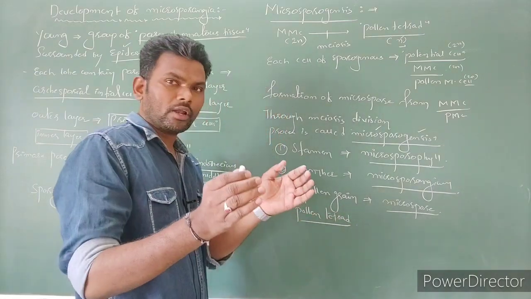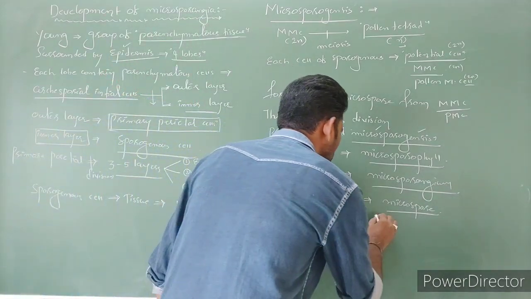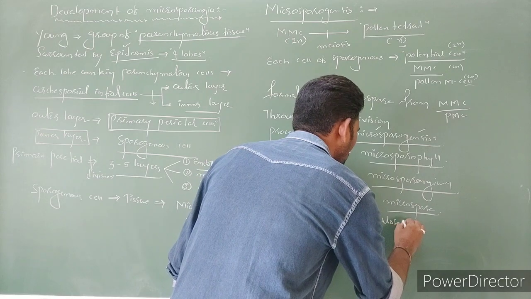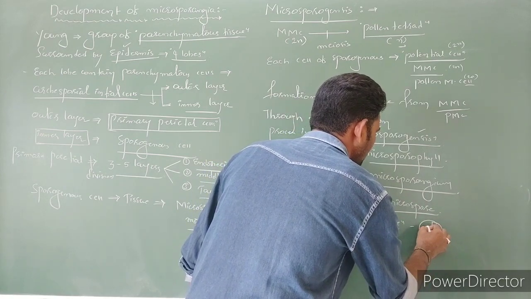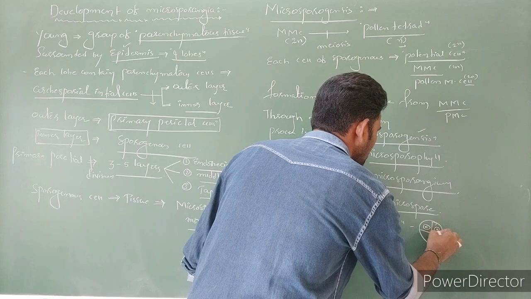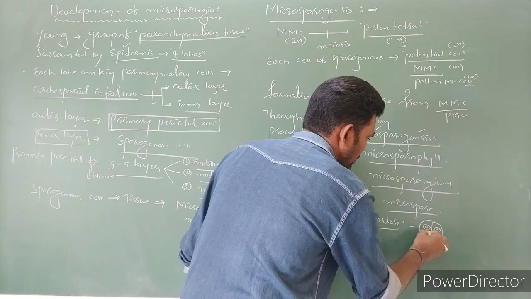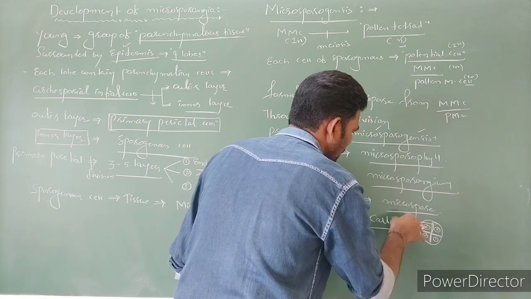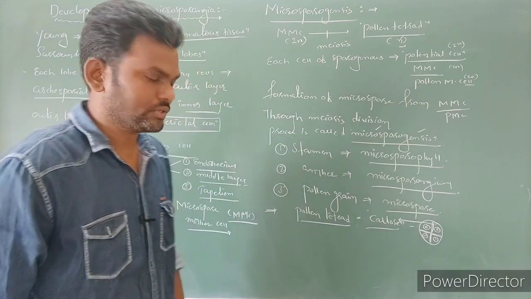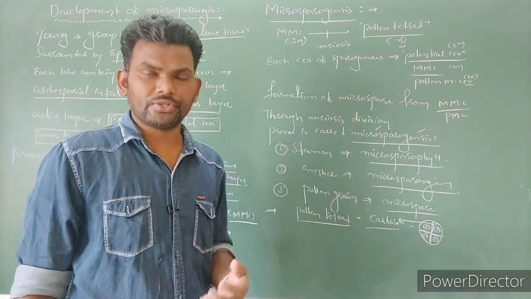These 4 pollen grains are joined together with the help of callus. Callus is the chemical that joins them.